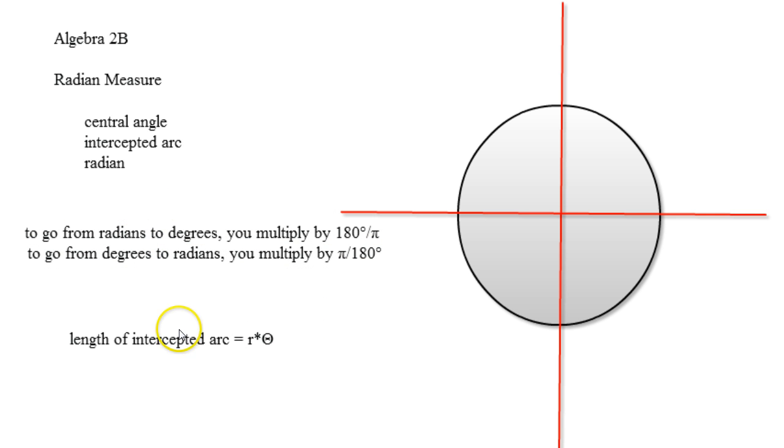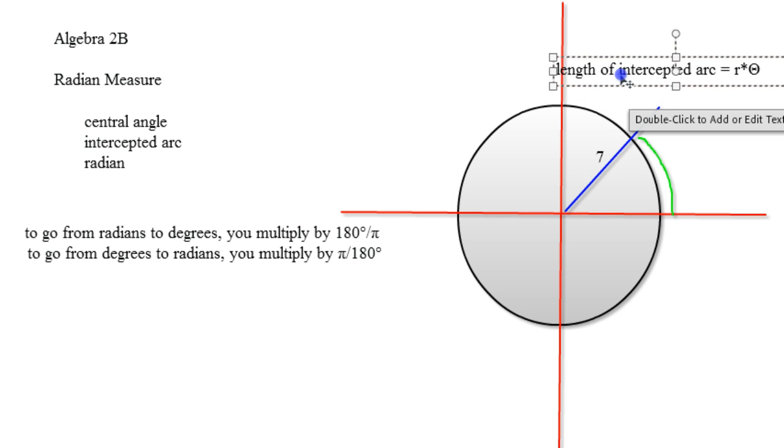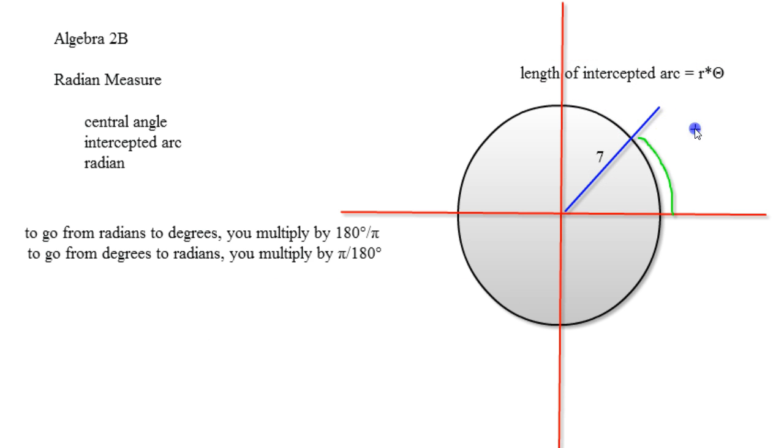Now if you need to find the length of an intercepted arc, let's say you wanted to know the actual length of this. Obviously the length on a unit circle is just whatever the radian measure is. But if you make the radius bigger, like let's say it was now 7, you would need a formula, and the length of the intercepted arc is going to be r times theta.